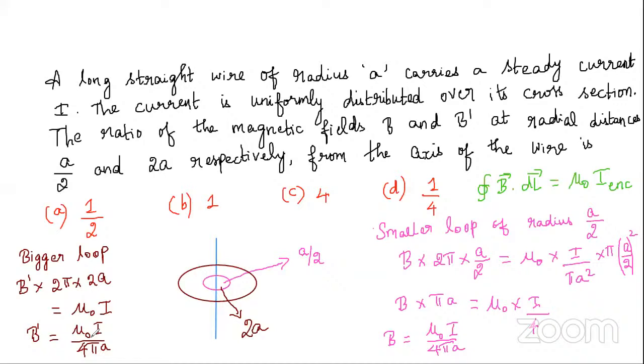So the correct answer is option B. So it is B by B prime or B prime by B, whatever way you can take. It is mu naught I by 4 pi A divided by mu naught I by 4 pi A. It should be 1:1. So the correct answer is actually option B, that is 1.